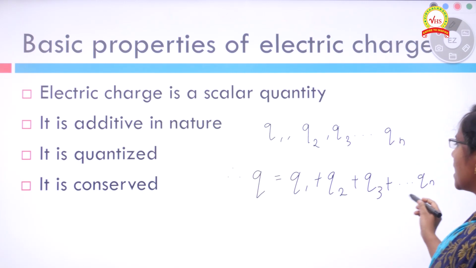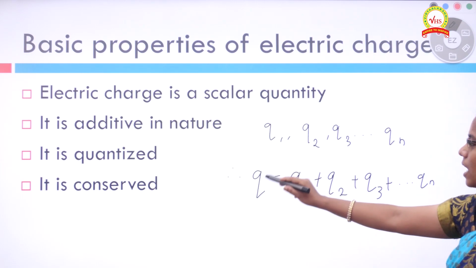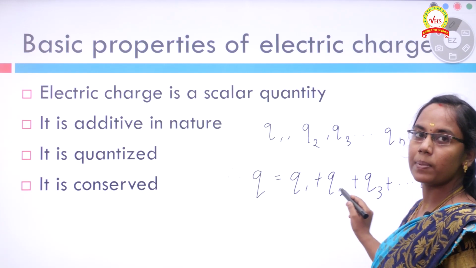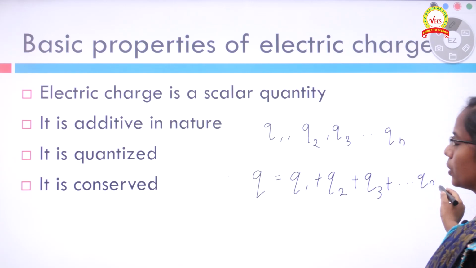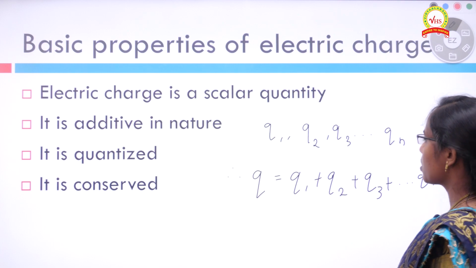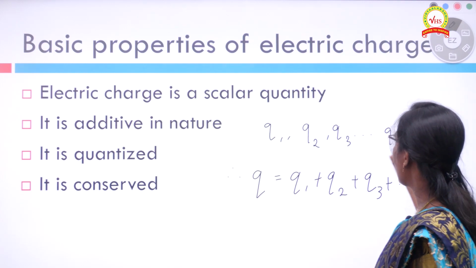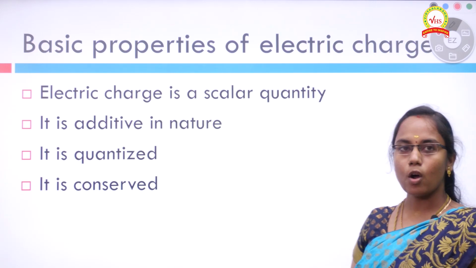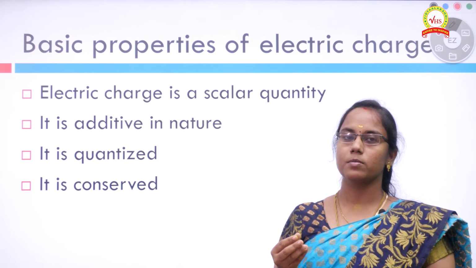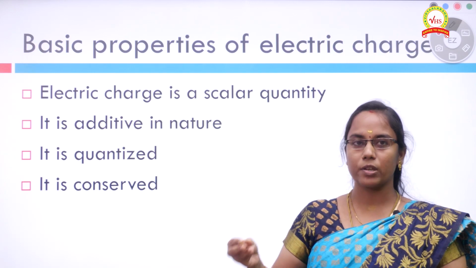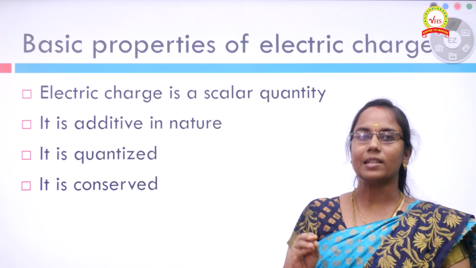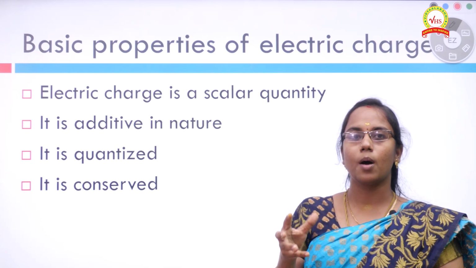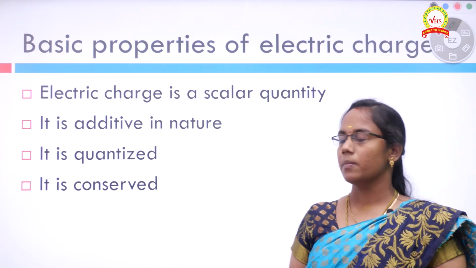Electric charges are additive in nature. So, the total charge of the system can be considered as Q, which is equal to Q1 plus Q2 plus Q3 plus Qn. Then the third property is charges are quantized in nature. When I say quantized, we cannot have fractions of charges like 0.05 or 0.5 charges. Only a whole amount of charges can exist, either one charge or two charges.